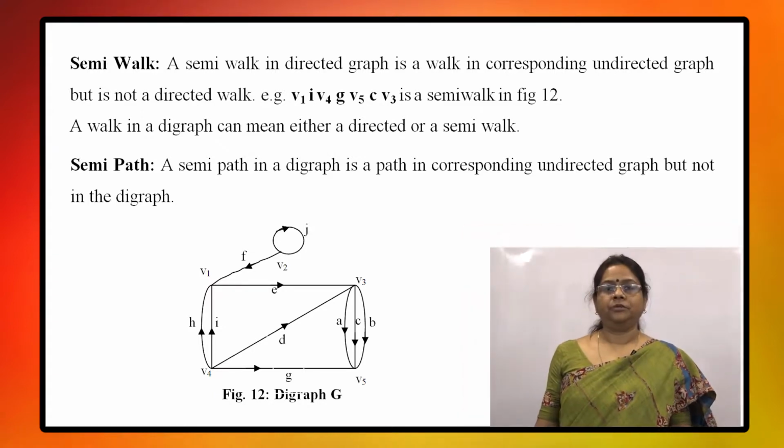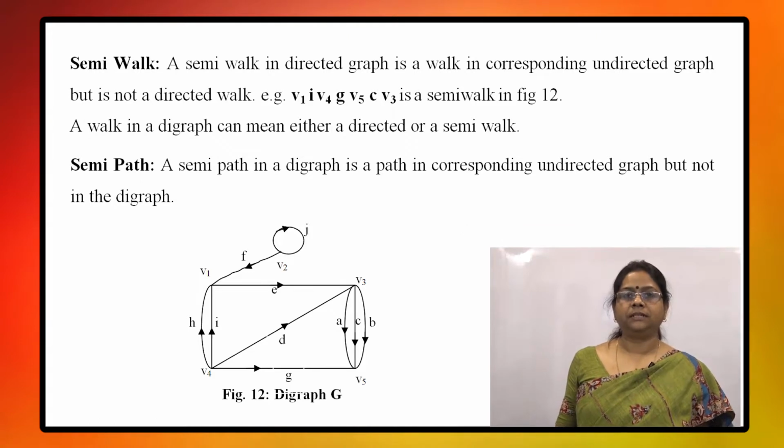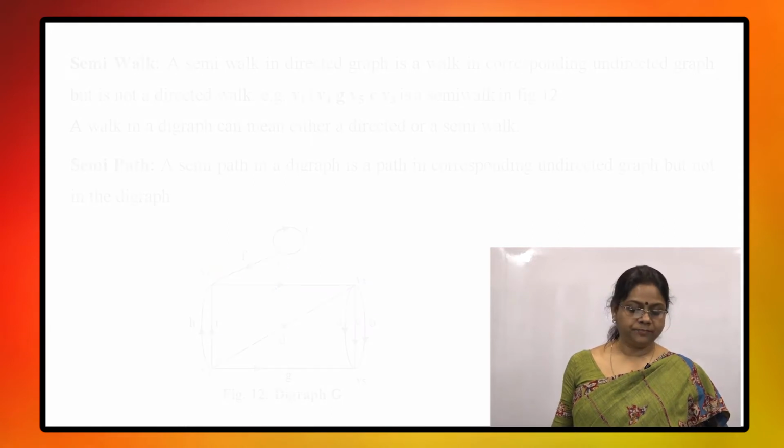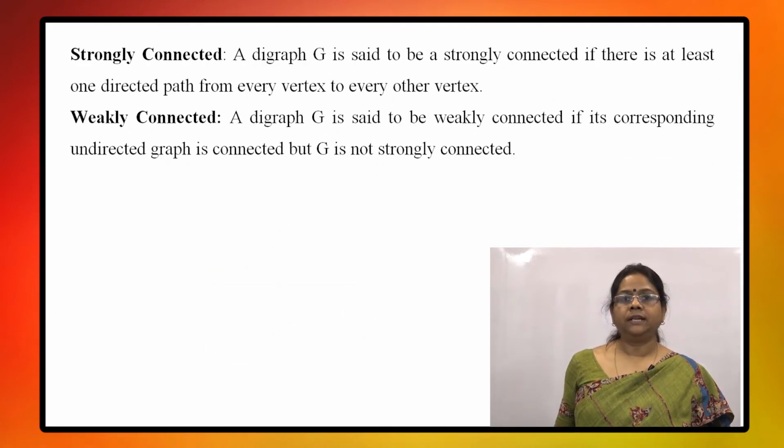Now, in short, we will discuss the connectivity of a digraph. As we saw that the walk is defined in two ways, directed walk and semi-walk, directed path and semi-path, connectivity is also defined in two ways, strongly connected or weakly connected.